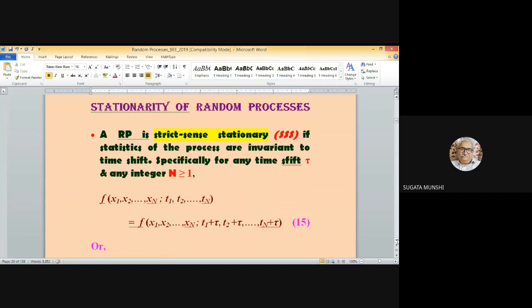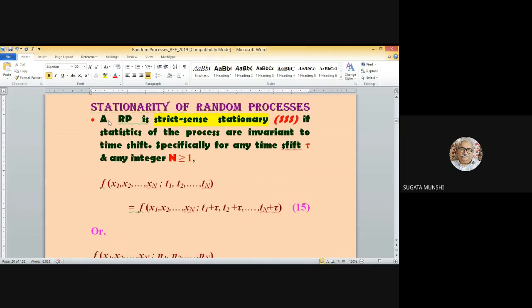If we find that even under this time shift the density function remains unchanged for all N greater than or equal to 1 and all values of tau, then we can say that the random process is strict sense stationary. Is it stationary in the strict sense or narrow sense? So that is what is meant in case of the continuous time random process.